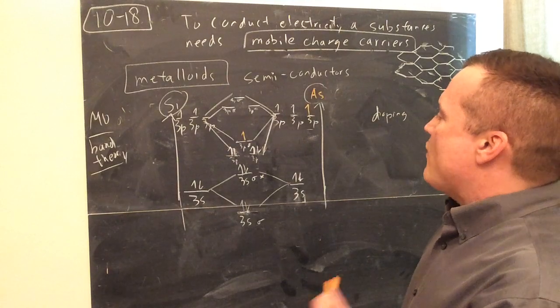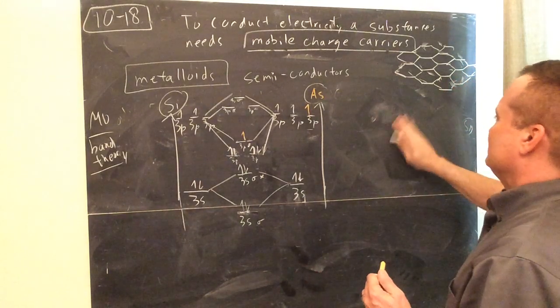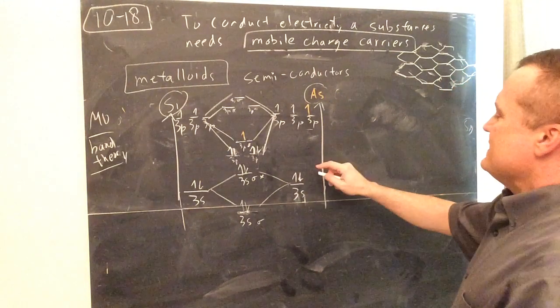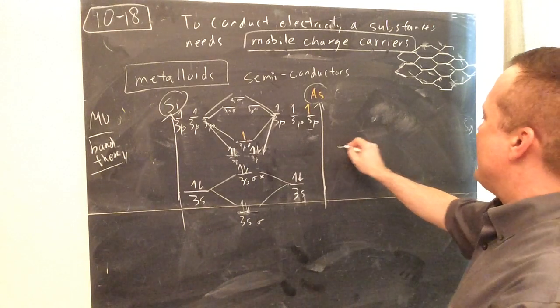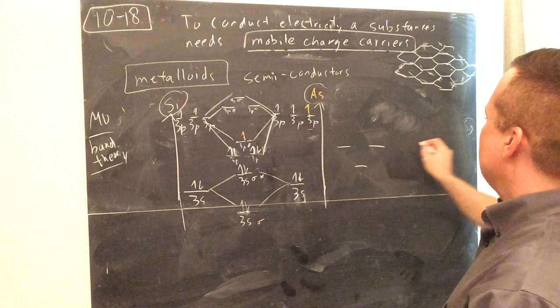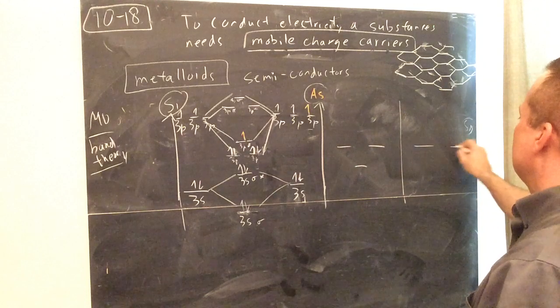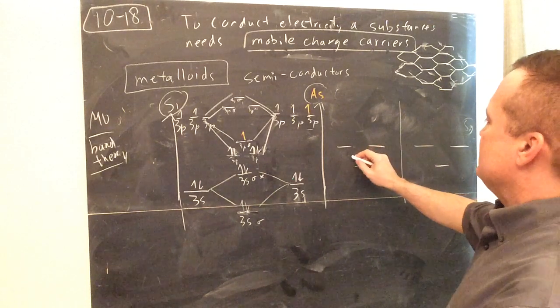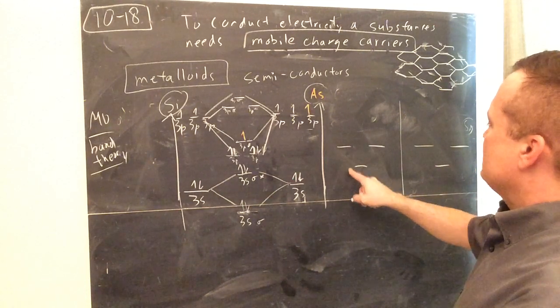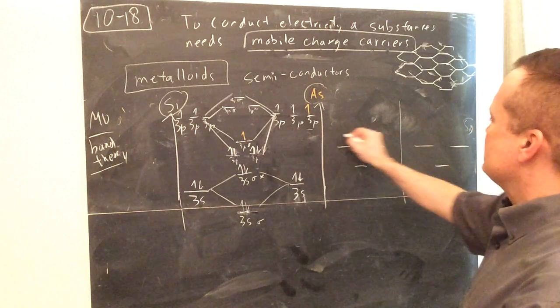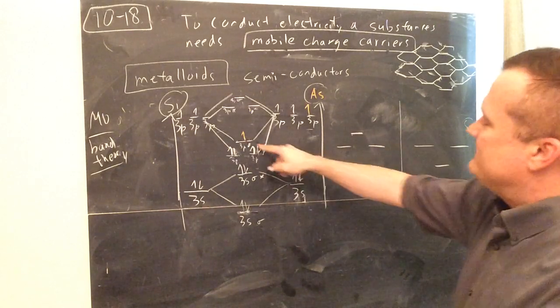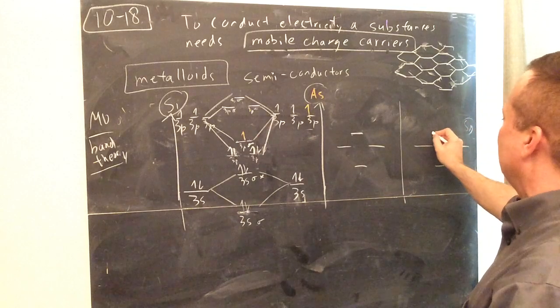Now, why would that matter? If I did this with many other atoms, an atom here, another atom here, well, the idea is this level, let's see, 2 and 1, let's go right across there. That level, I call it the 3p sigma, I'm just calling it that on mine.